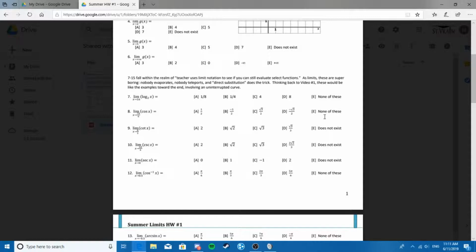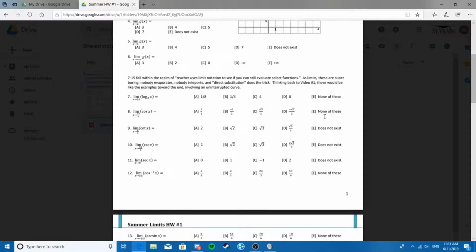So, pi over 3 radians, which is to say 60 degrees. A tangent would find itself at square root of 3.